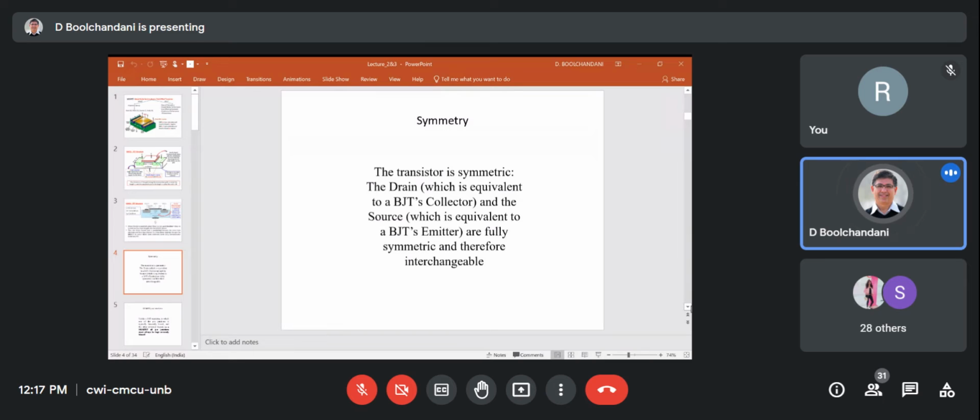And they are interchangeable. Whereas in the case of BJT, you can't interchange collector and emitter terminal, right? Whereas in the MOSFET, these are interchangeable depending upon the potential to which that terminal is connected. If it is a positive potential, it behaves as a drain.